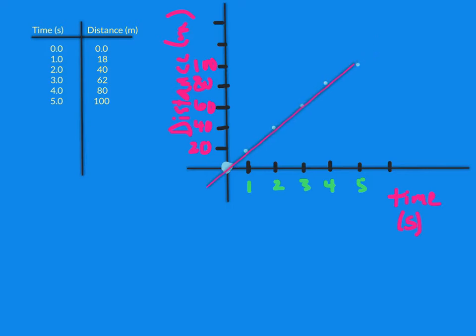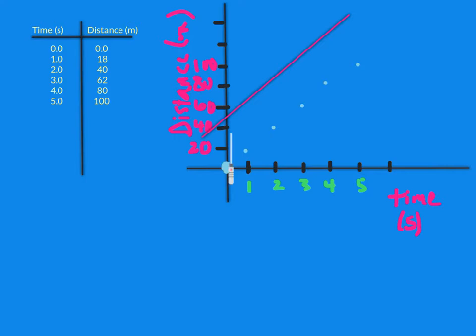You don't have to start it at 0, 0 unless 0, 0 is part of your data set. A lot of people think that they have to start a best fit line at the origin, and that's not true. In fact, some best fit lines would have what's called a y-intercept.